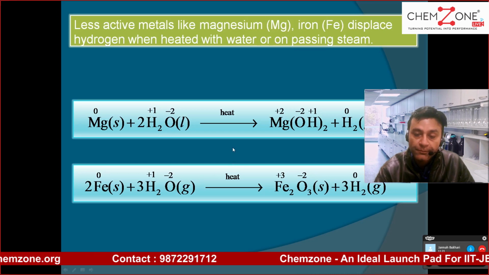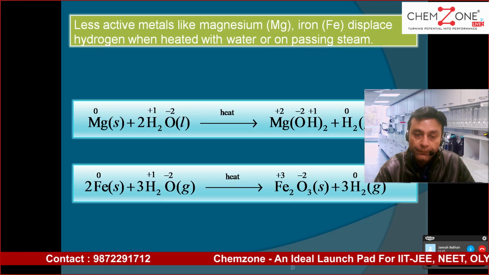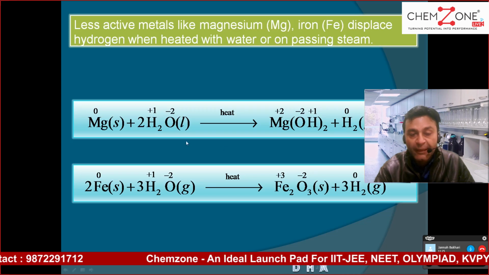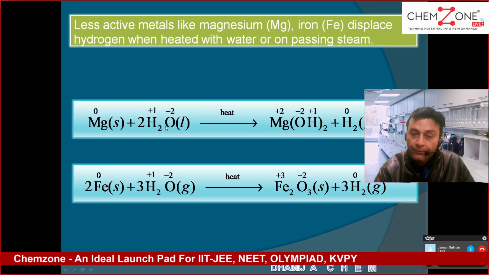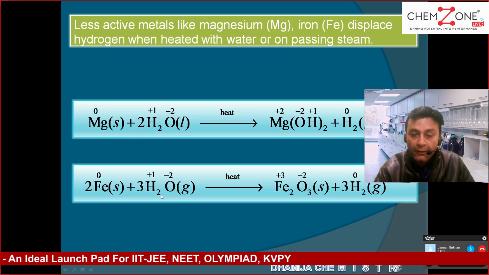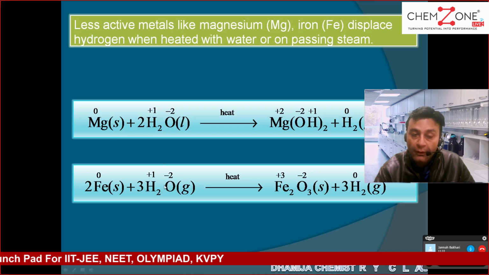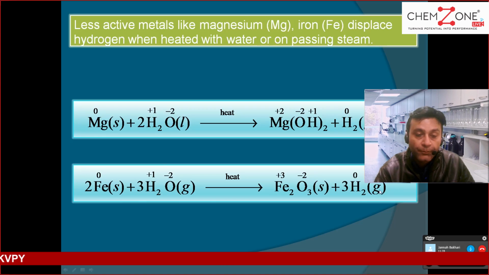Am I clear? So again, you can see the magnesium is displacing hydrogen, and here the removal of oxygen is called reduction. So you can see the water is getting reduced to hydrogen, and iron itself is getting oxidized by combining with the oxygen here.